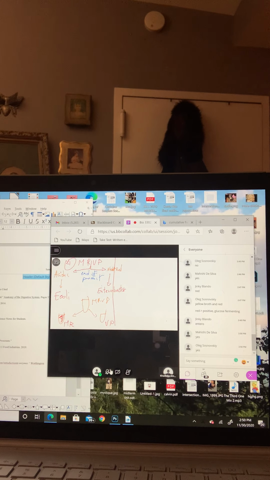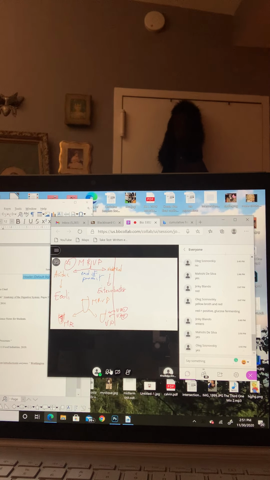Okay. And you have to add the VP1, and then add the VP2, and you have to wait for the biochemical reaction. How many minutes do you have to wait to get the result for the VP?